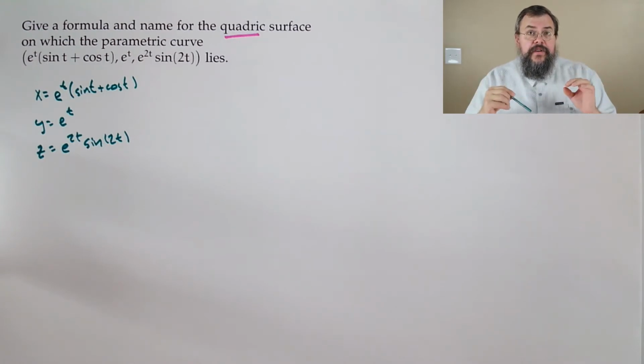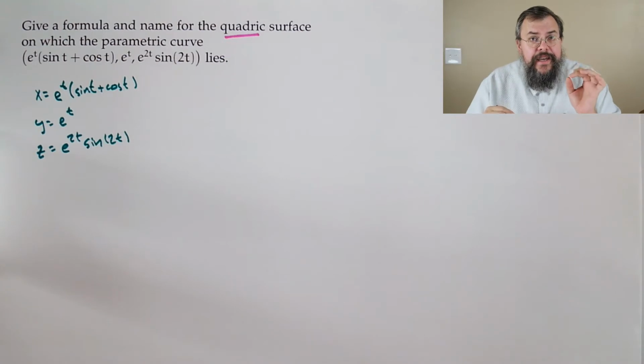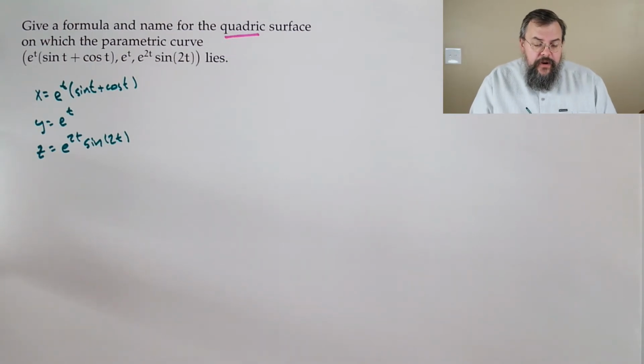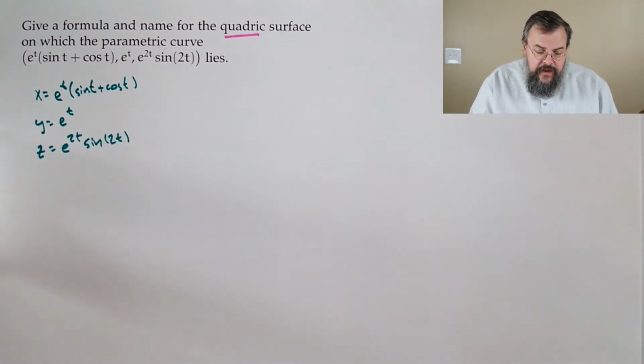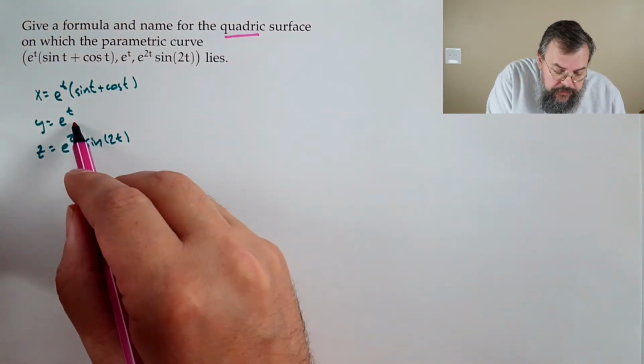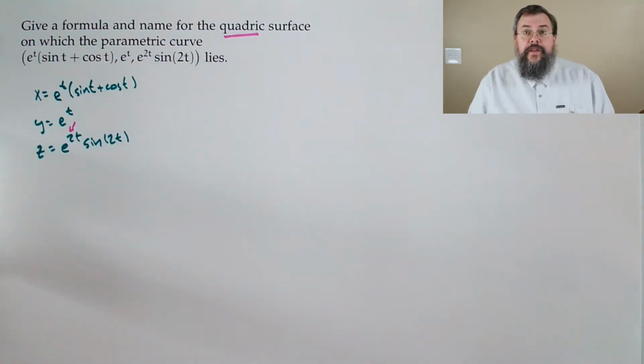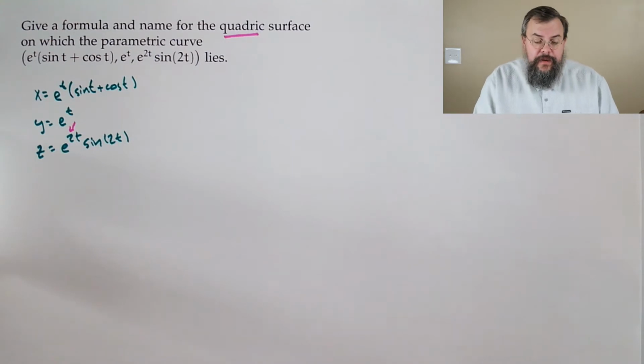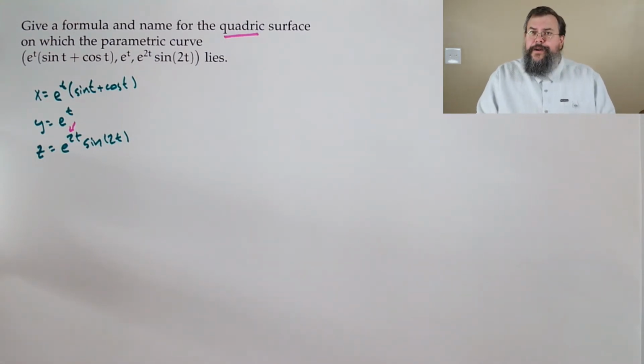Now, looking at this, there's a little tiny hint here. Notice this 2. That 2 right there. How do we think of that? You see, sometimes e to the 2t doesn't really mean e to the 2t. You're probably thinking, what? Are you sure?